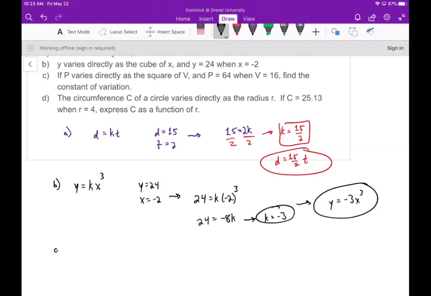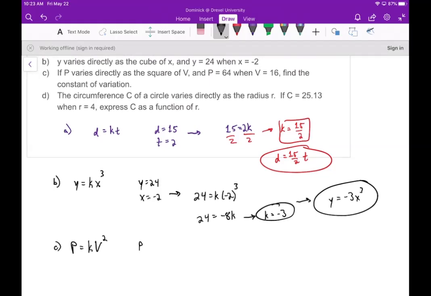Okay, part C, we have that p varies directly as the square of v. So p equals k times v squared. And then p is equal to 64 when v is equal to 16. So again, first we'll solve for k.